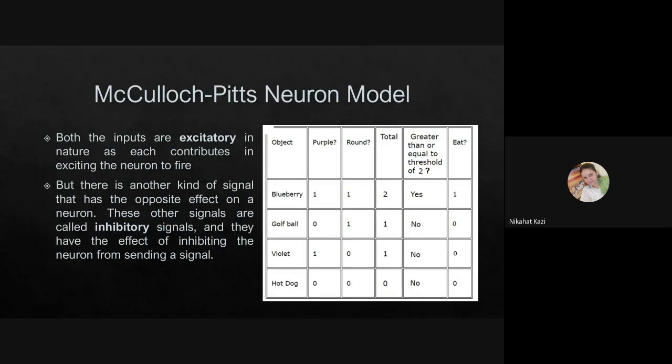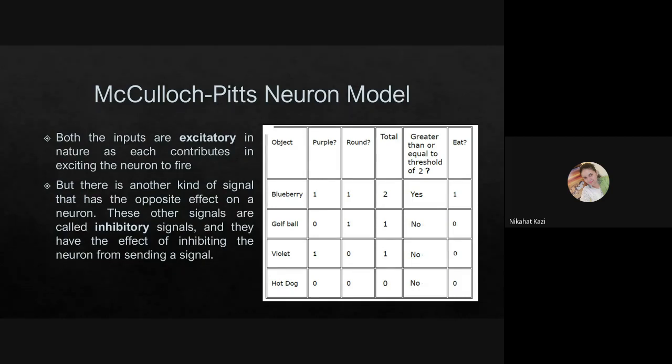Even if it is round, it is going to cause it more to fire. So that is why these inputs are known as excitatory inputs. Okay, but as we know, in the biological neuron there is one more kind of input that is inhibitory in nature. So we also need to somehow accommodate these inhibitory inputs into the model.